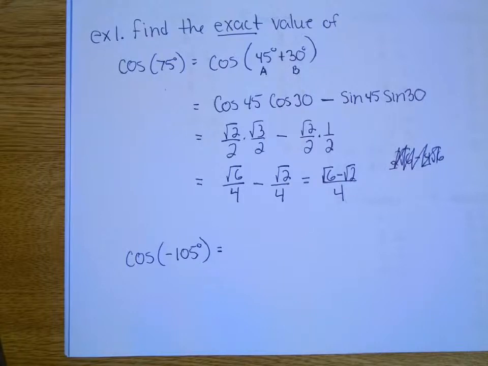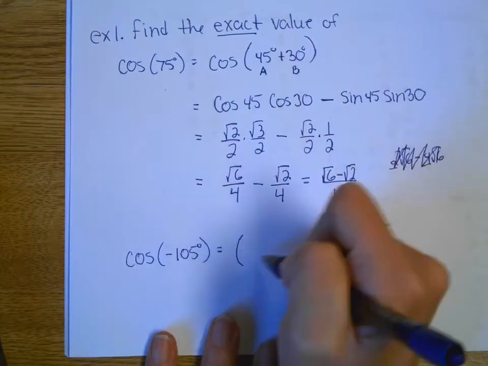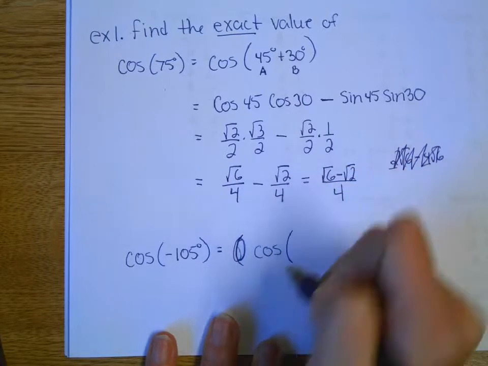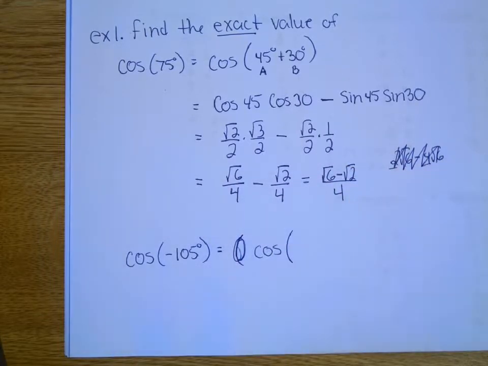So you either have to add some angles together or subtract in some way so that you end up with negative 105. Any numbers you want to work with on there, you figure it out. You got to be able to add or subtract to get negative 105. You want to add two negatives together? You can. Or you can do a small number minus a bigger number so that it comes up negative. Either way is going to work.